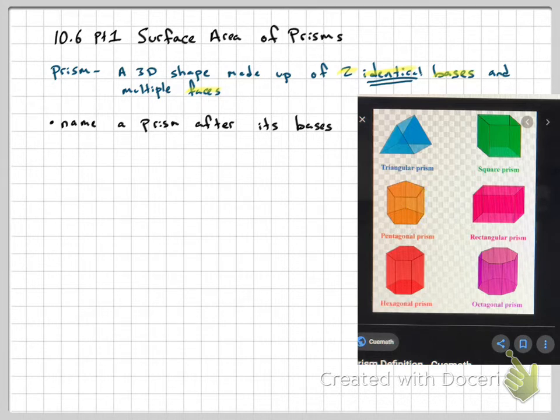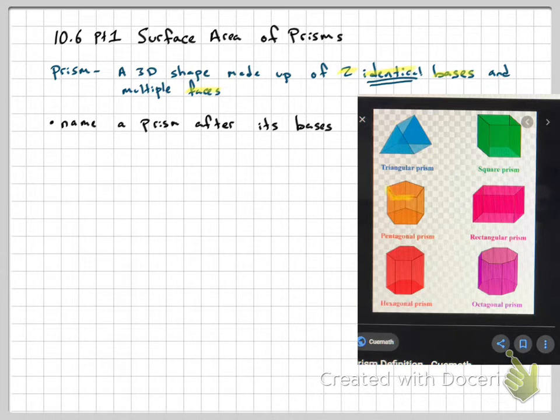The sides I'm talking about, like this side here or this side here on our triangular prism, are the faces. The number of faces for a prism is determined by how many sides your base has. A triangular prism has 3 sides, so there are 3 faces that make it up.